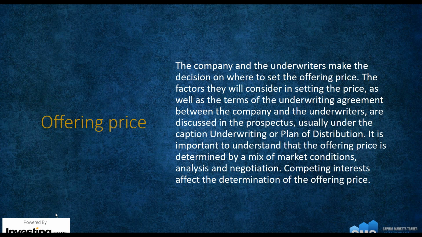The factors they consider in setting the price, as well as the terms of the underwriting agreement between the company and the underwriters, are discussed in the prospectus, usually under the caption underwriting or plan of distribution. It is important to understand that the offering price is determined by a mix of market conditions, analysis, and negotiations. Competing interests affect the determination of the offering price.